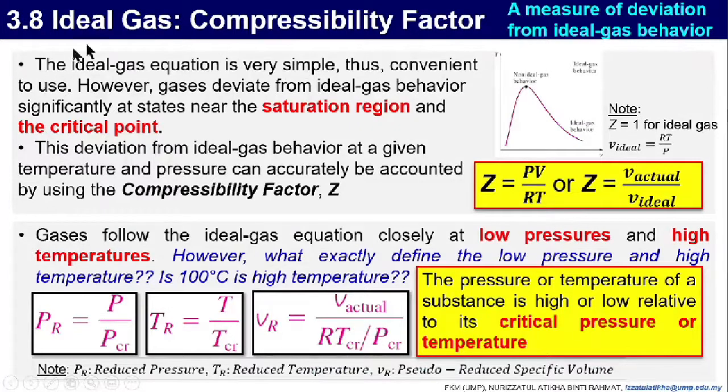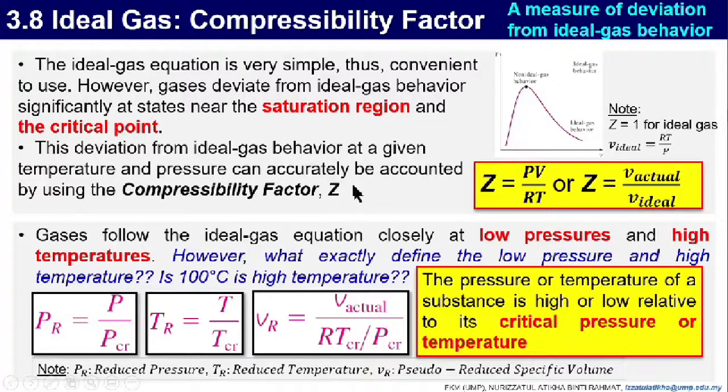Now, the compressibility factor, a measure of deviation from ideal gas behavior. The ideal gas equation is very simple, thus convenient to use. However, gases deviate from ideal gas behavior significantly at states near the saturation region and the critical point, like we explained before. This deviation at a given temperature and pressure can be accurately accounted for by using the compressibility factor.